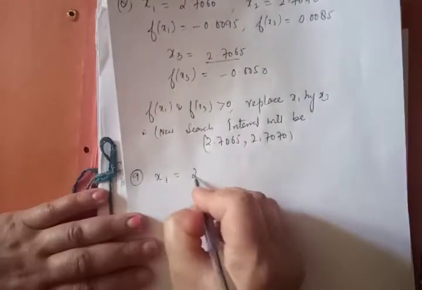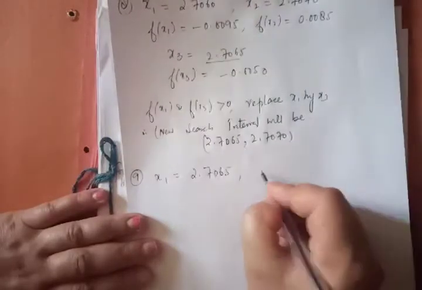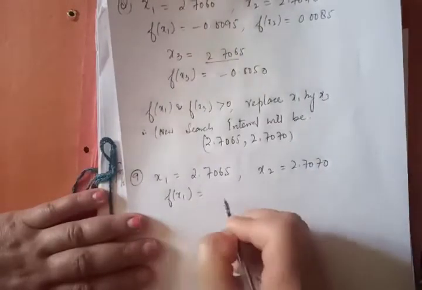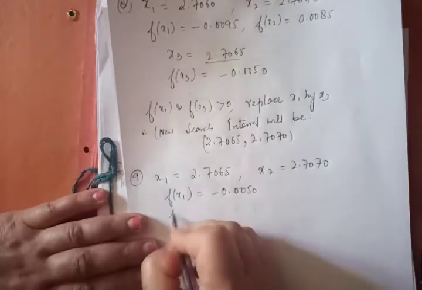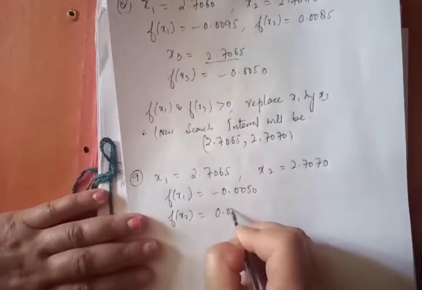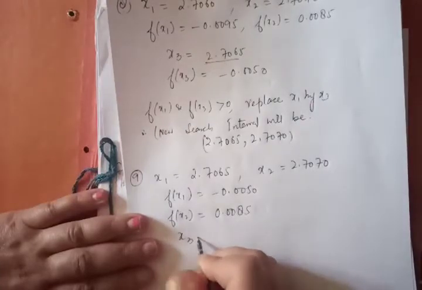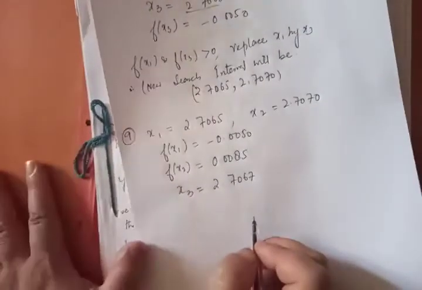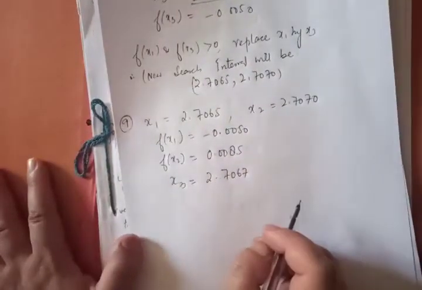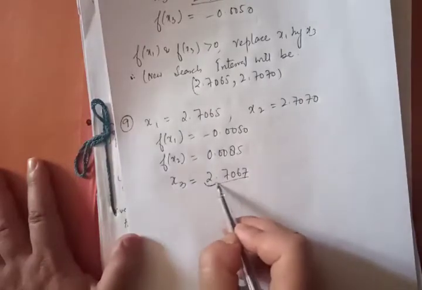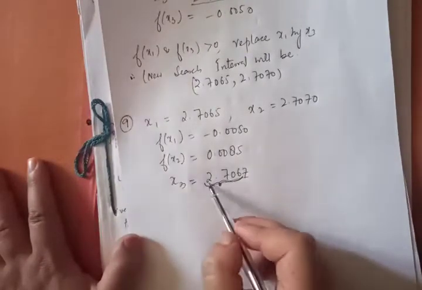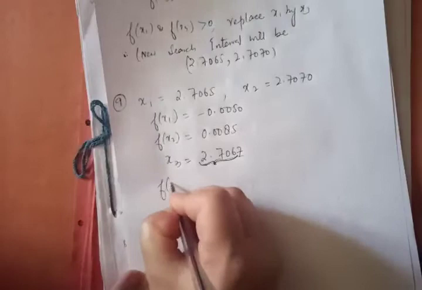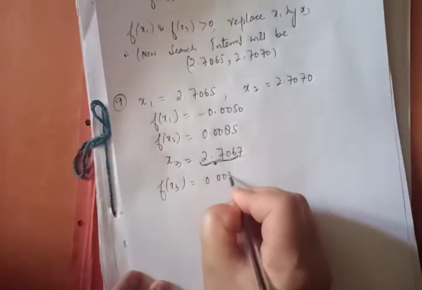So x1 is equal to 2.7065 and x2 is equal to 2.7070. f of x1 will be minus 0.0050, f of x2 will be equal to 0.0085, x3 is equal to 2.7067. Yes, in the iteration number 7, in the iteration number 8 and in the iteration number 9 we get the same result up to the 4 significant digits. There is no change produced till then, and after that f of x3 will be 0.0031.